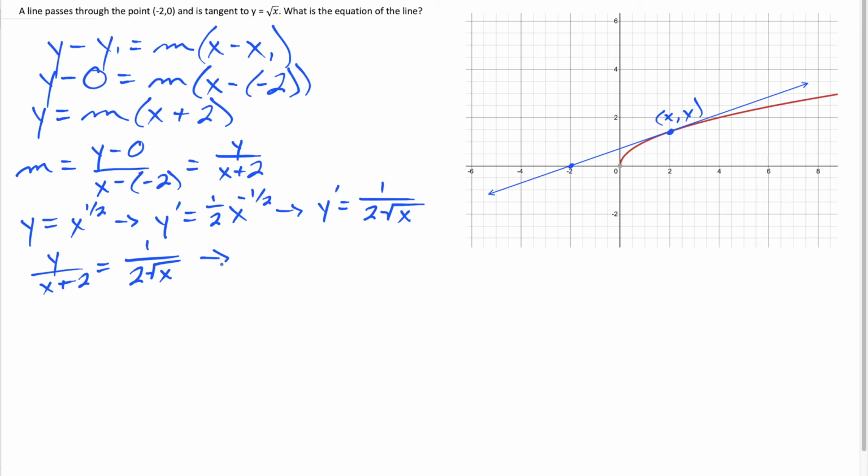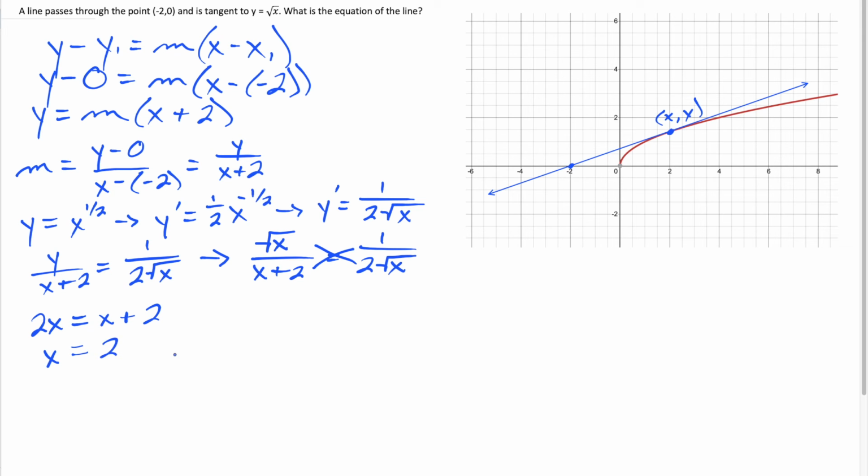So if you do this, you get that the square root of x over x plus 2 is equal to 1 over 2 root x. And then cross multiplying, you can rewrite this as 2x equals x plus 2. Solving, you get that x is equal to 2.